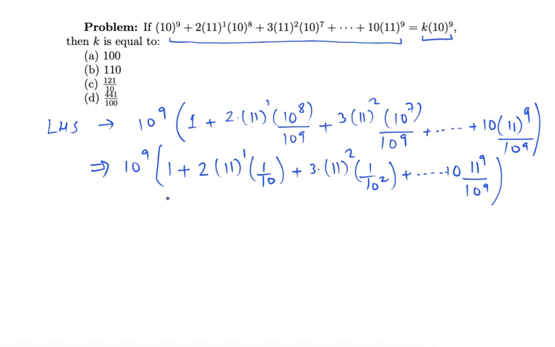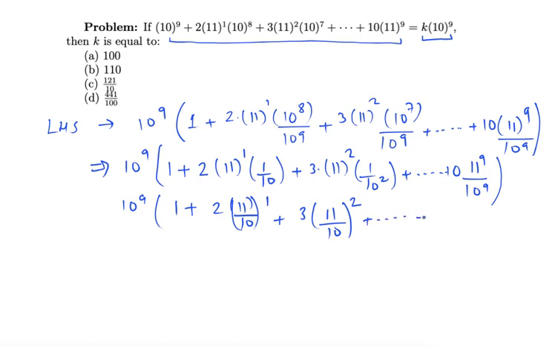Now this series takes some sort of a structure. If you see carefully, this simply becomes 1 plus 2 into 11 upon 10 to the power 1. The third term becomes 3 into 11 upon 10 whole squared plus dot dot dot, and finally till 10 into 11 upon 10 to the power 9.